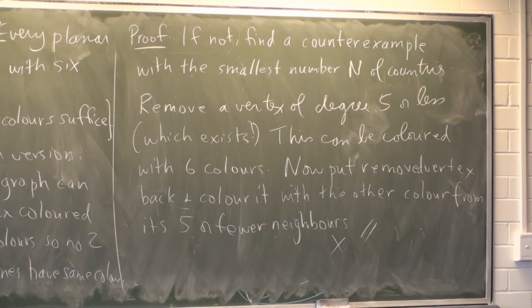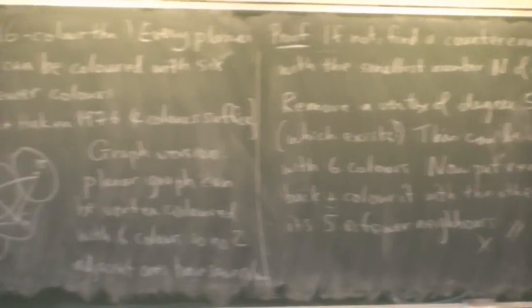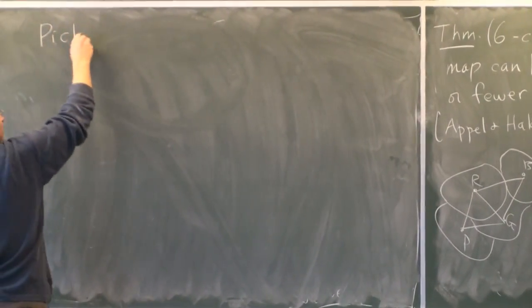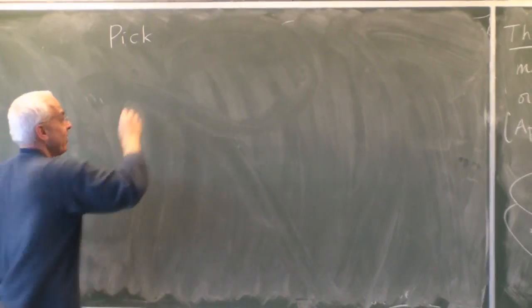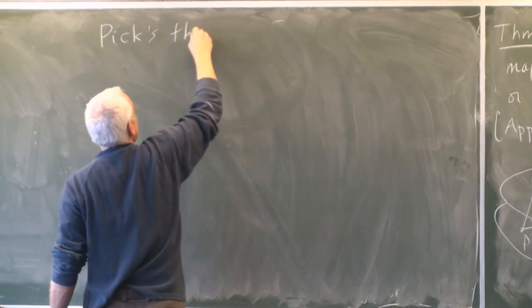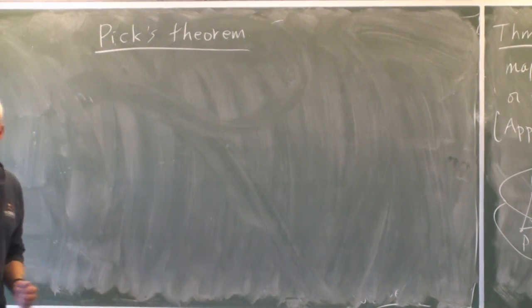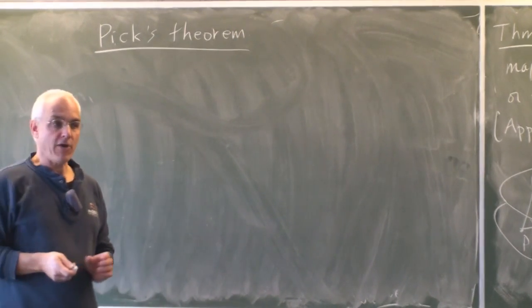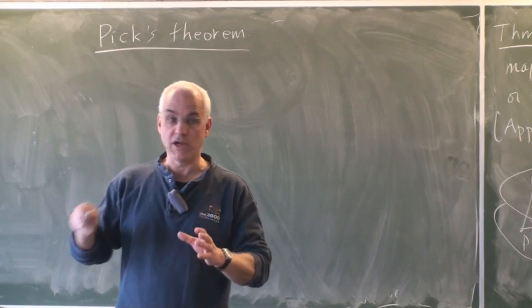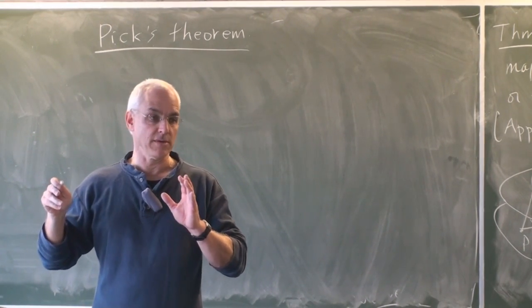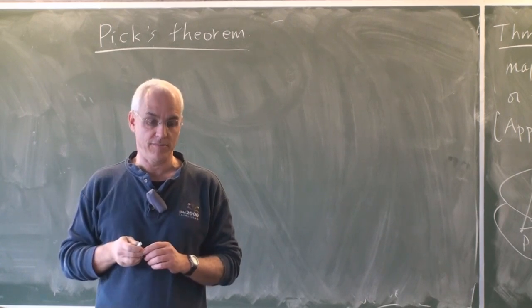All right, so for my last application, I'm going to prove an important and also famous result called Pick's Theorem, which is a surprisingly useful little theorem. Pick's Theorem tells us how to compute the area of a polygonal region in the plane whose vertices lie on the unit lattice or on the standard lattice.